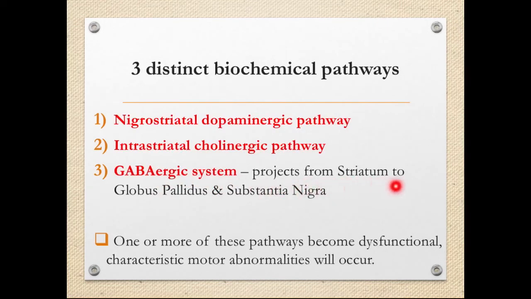It projects from the striatum to the globus pallidus and substantia nigra pars reticulata. So there is the nigrostriatal pathway and then there is the striatonigral pathway, from the striatum to the nigra. One or more of these pathways become dysfunctional, and that will be characterized as motor abnormality.